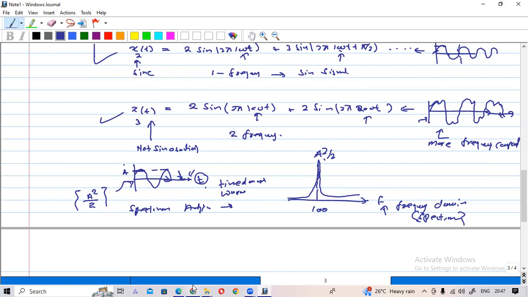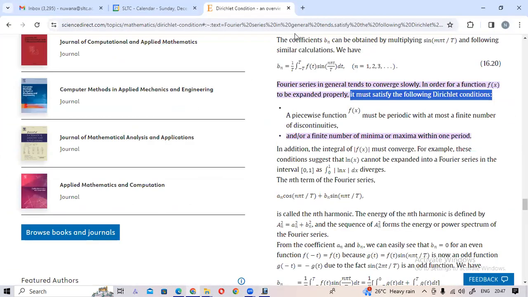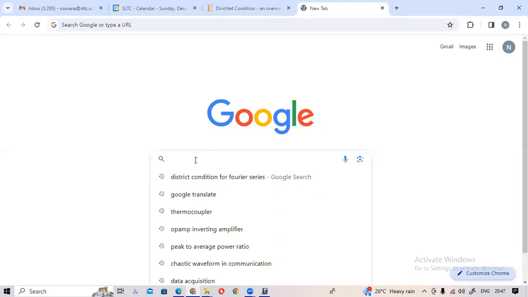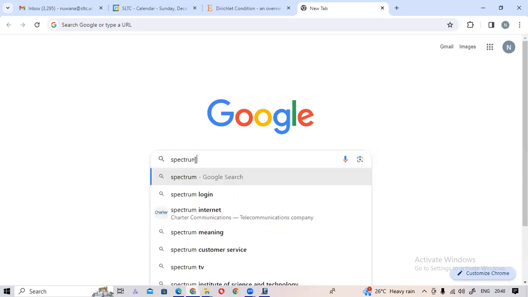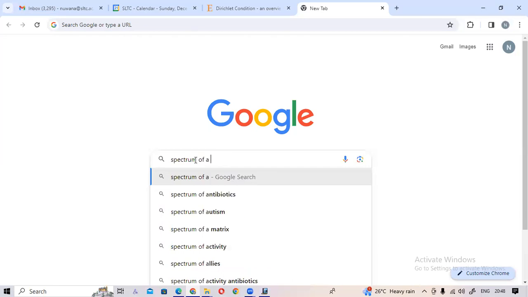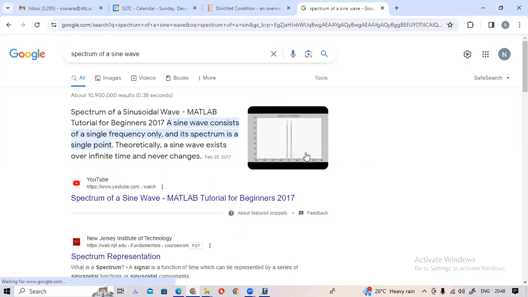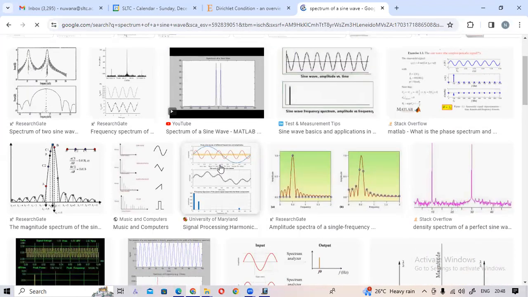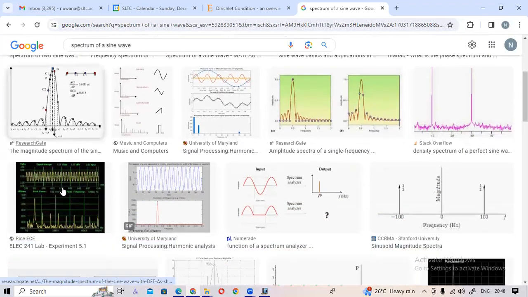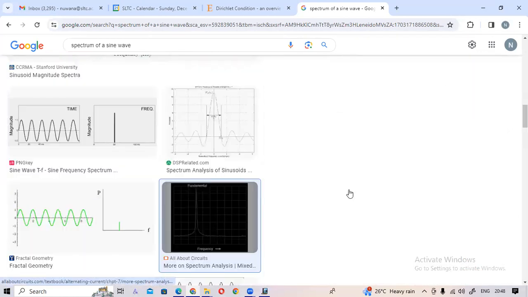If you still couldn't understand, I will show you. Let's say the spectrum of a sine wave. Actually, we will get this kind of plot.